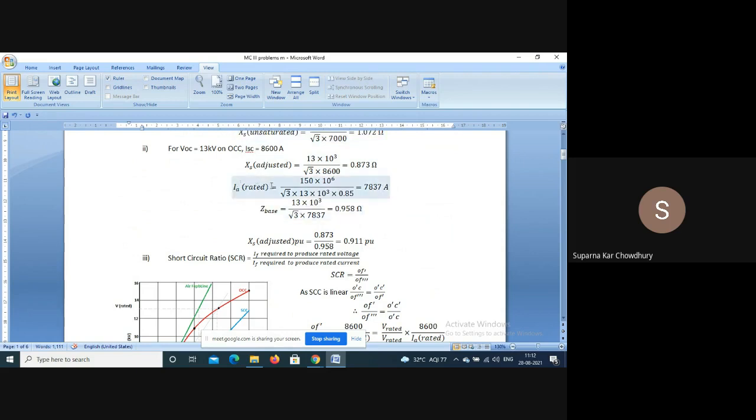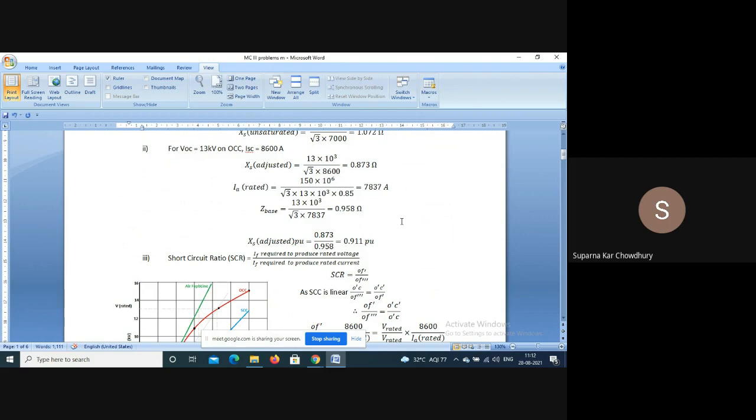Now we have to find the per unit value of the adjusted synchronous reactance also. For the per unit value we have to find the base value of the impedance. Normally the base values are taken as the rated values.